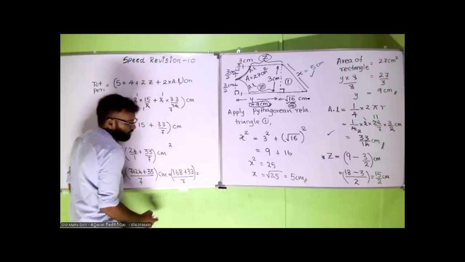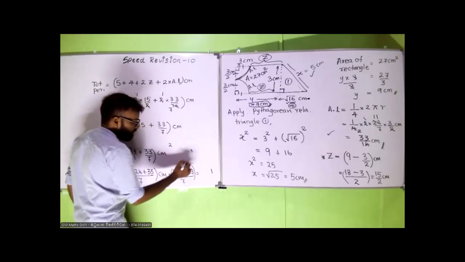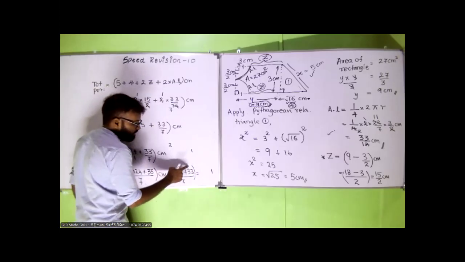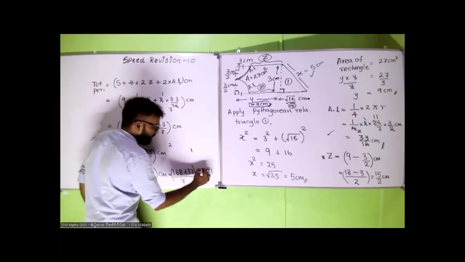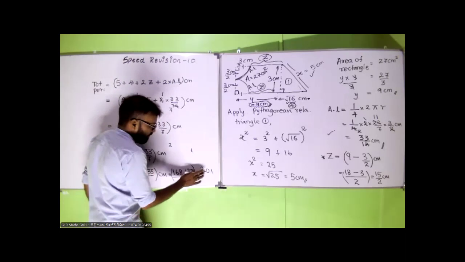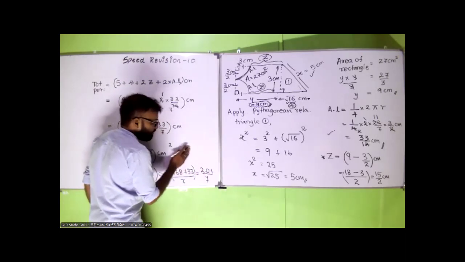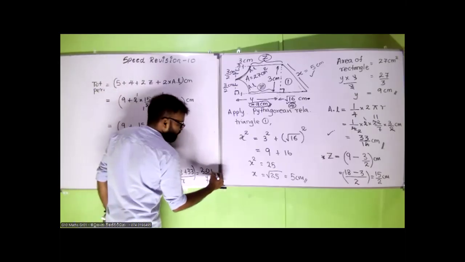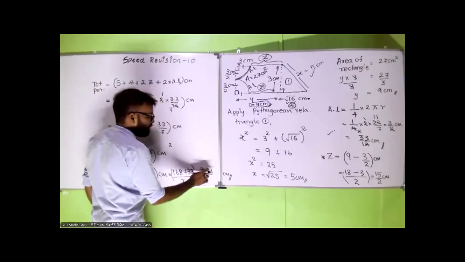If you get the addition of this, 8 plus 3, 11. Remaining 6 plus 3, 9, plus 1, 10. Remaining 1, 201. Yes, 201 divided by 7. So this should be your answer once you simplify. This is the improper fraction.